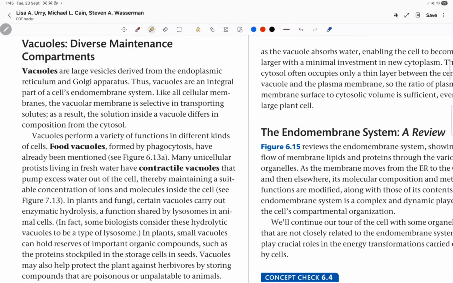If I mention vacuole, I am not talking about humans. I'm talking about one of two things. Either a paramecium or a plant cell. You see, a plant cell is going to have a central vacuole.